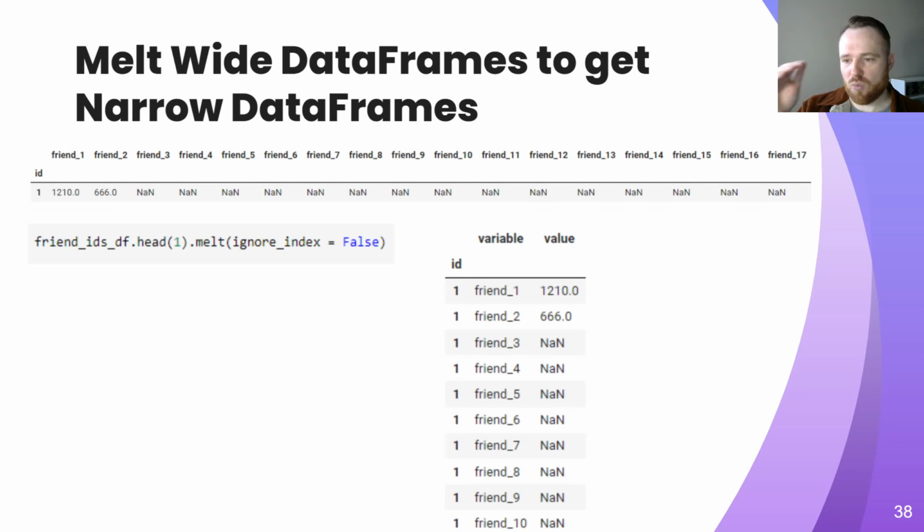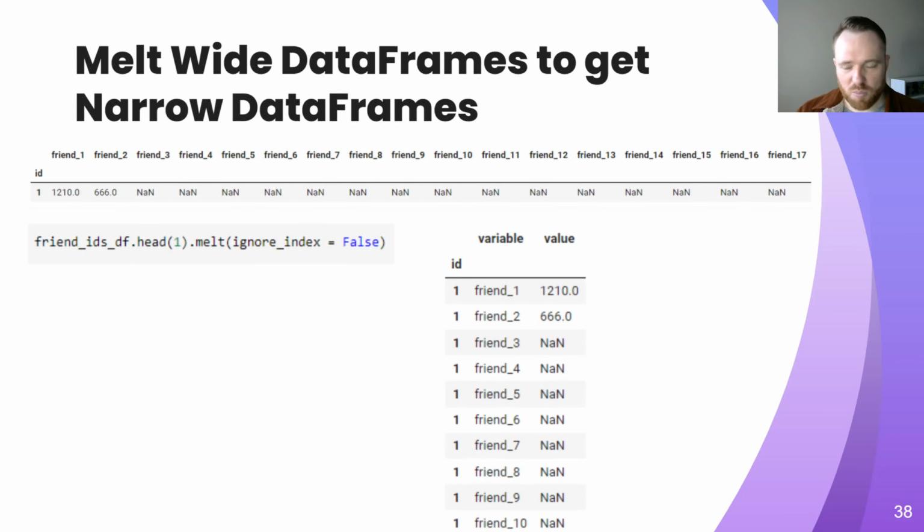So friend 1, 2, 3, 4, 5, 6, 7, 8 is now contained within a column called variable. And the value that was in the corresponding column is in a new column called value, right? So we've taken this one very wide row and made it one long shape. That's what it means by melting.